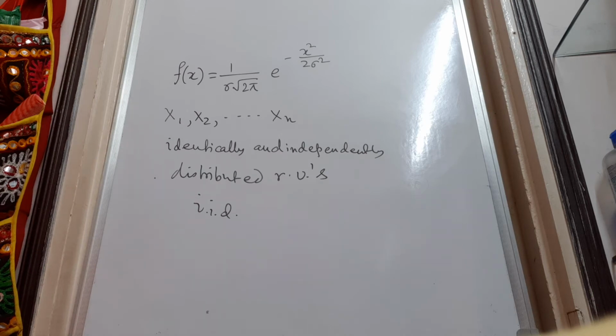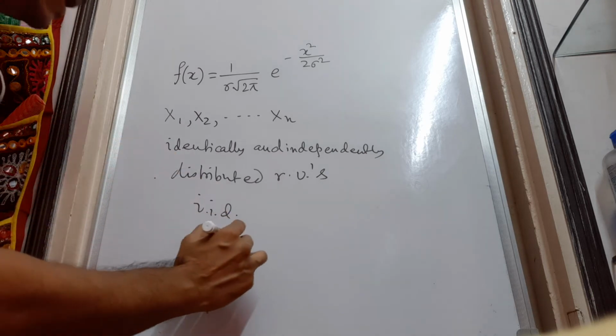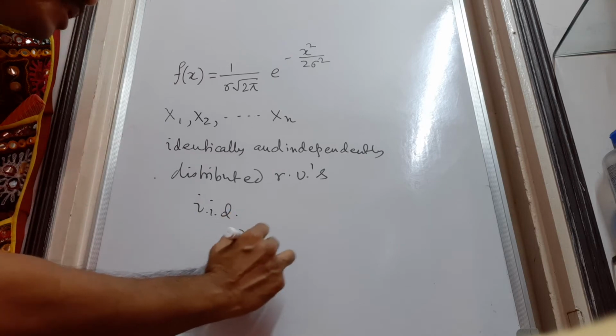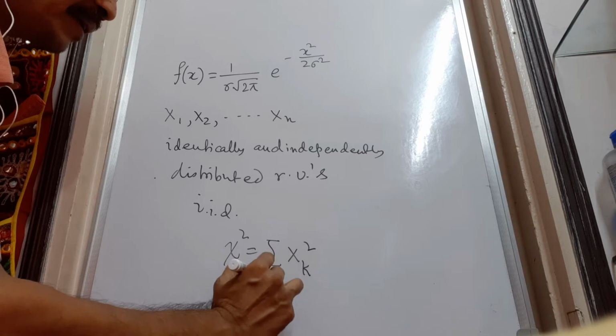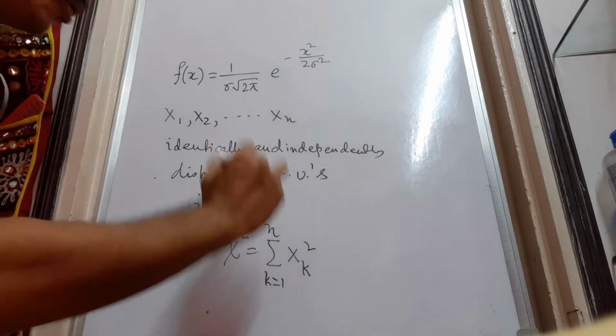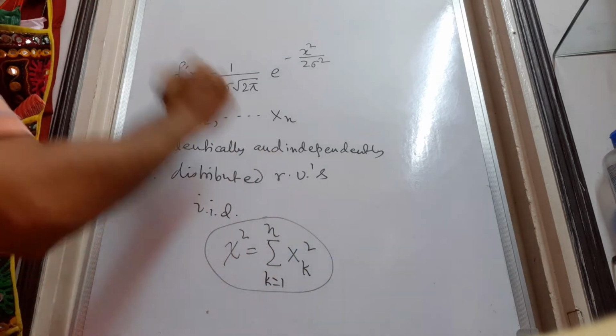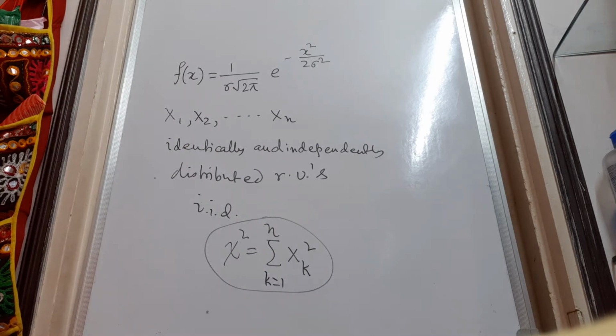That is the basic premise of obtaining chi-square distribution, which is defined as the summation of the square of all these random variables.